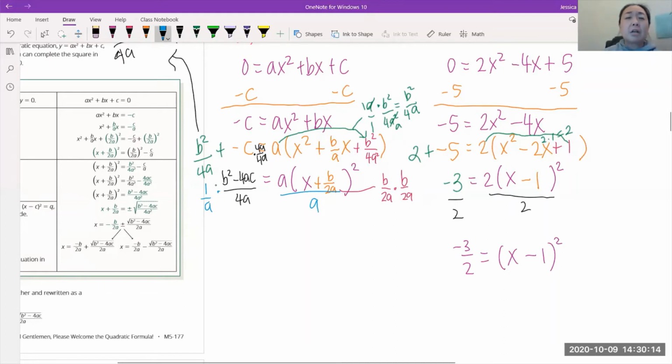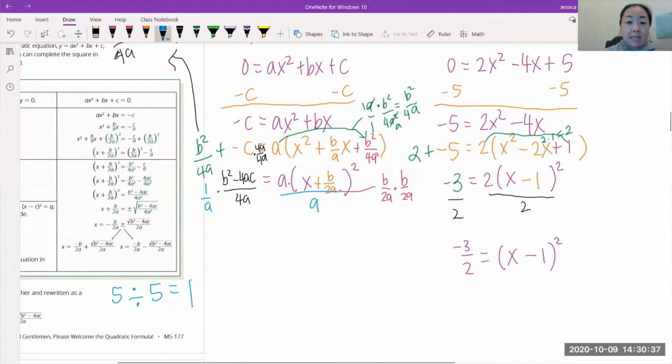If you don't know why dividing by a and timesing by 1 over a is the same thing, just think about this. If I go 5 divided by 5, which is what we're doing over here, that equals 1, and this would cancel to be 1, and that's what we want so that we can get rid of a.